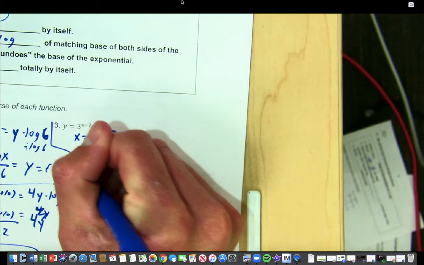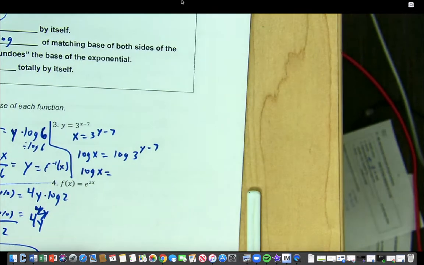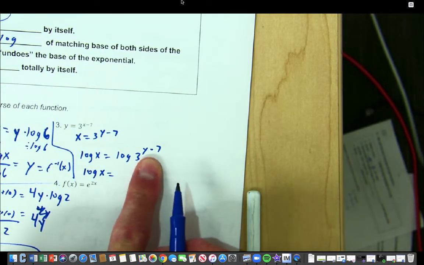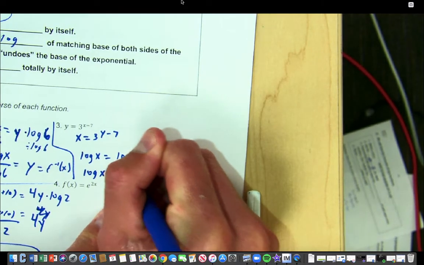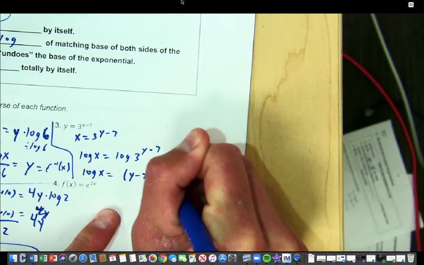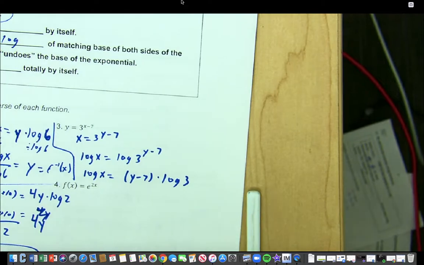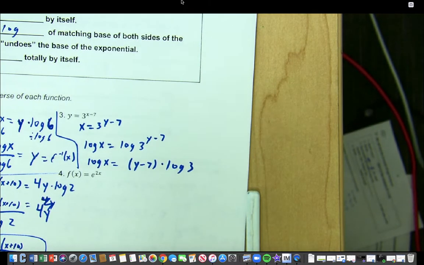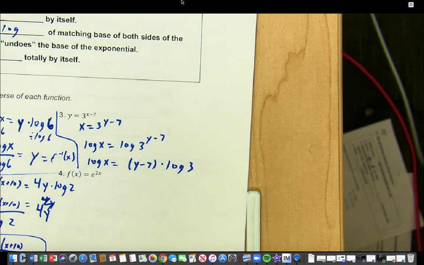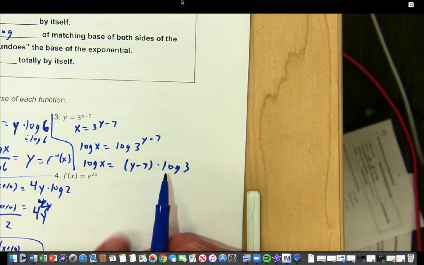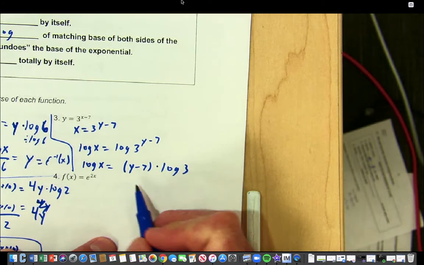So the left side remains log of x. The logs are over. You and your minus 7 friends come down and multiply with this log of 3. Now to solve for y, I will undo multiplication with division.